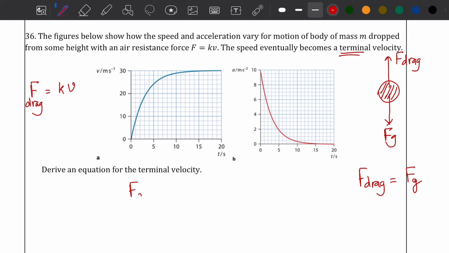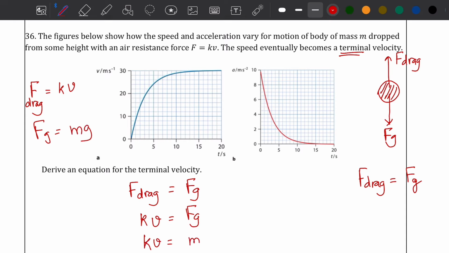So we will start with that equation. F drag is equal to Fg. F drag, we know from the question it is kV, so I'll replace it with kV equal Fg. Now Fg also, we know the formula is mg, so we can replace that with mg.